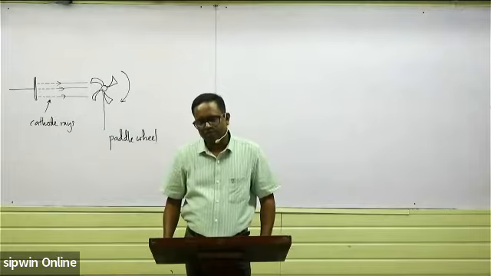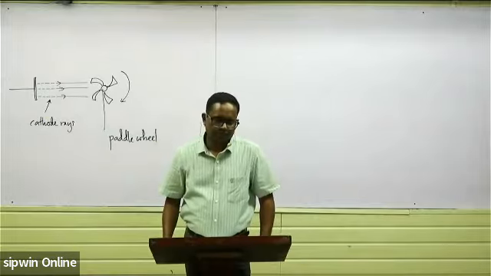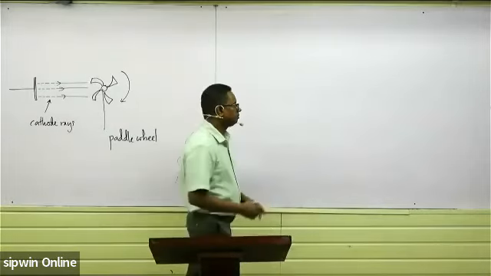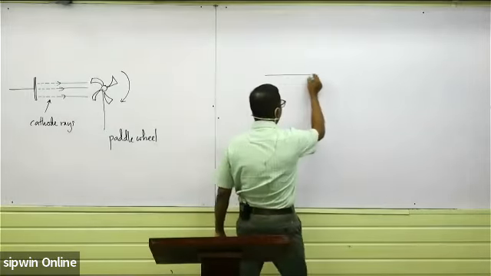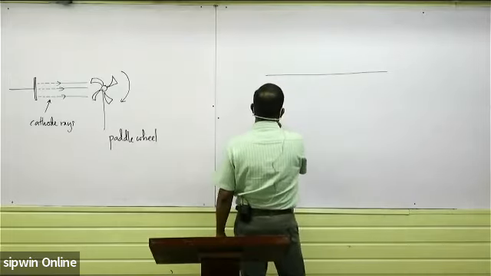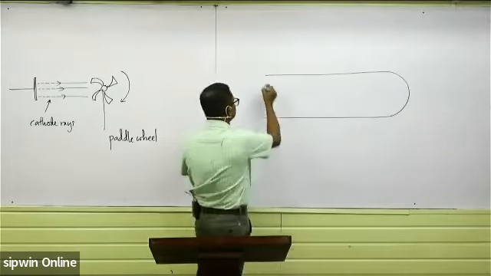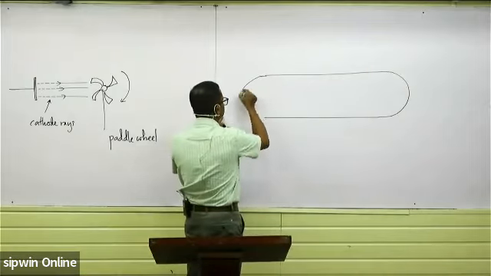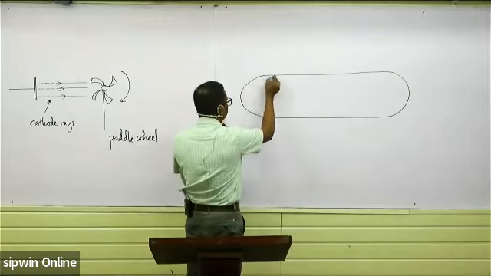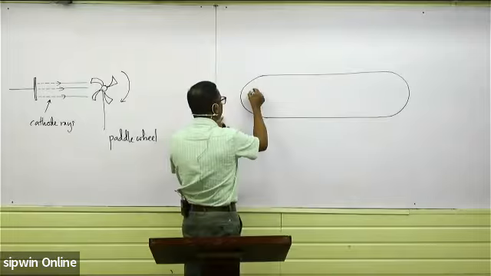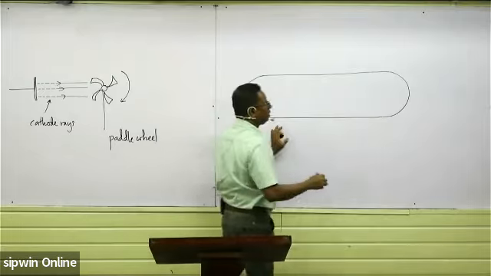So for that, Thomson prepared another setup. He arranged it this way. Cathode ray tube, the cathode here, anode here.